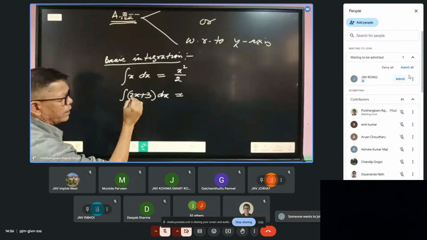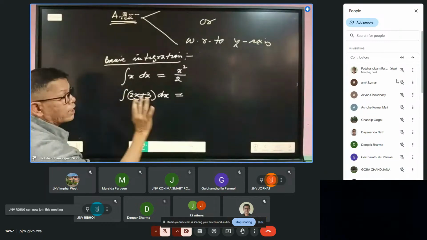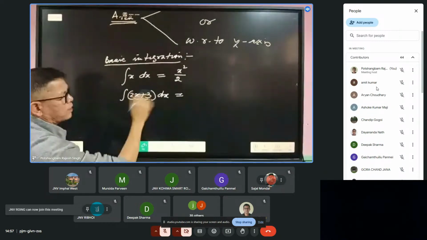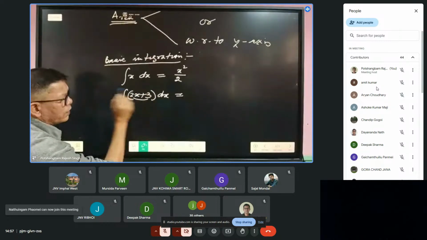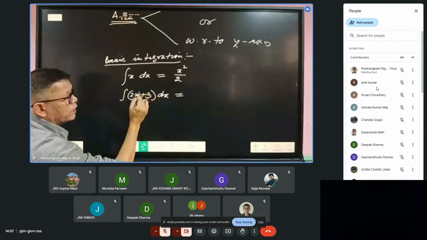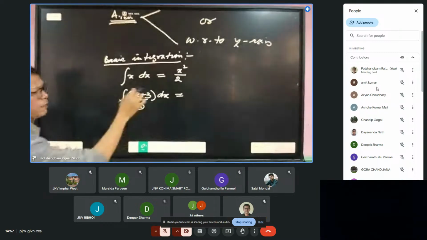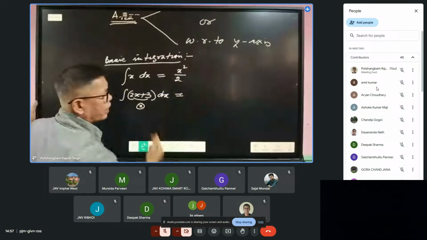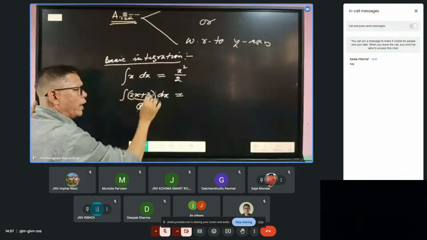By the linearity property, in the integration, the linear factor should be treated as x. The linear factor is a positive degree factor. So to integrate this, the property says that this linear factor should be treated as x. If it is x, the integration of x is x squared.